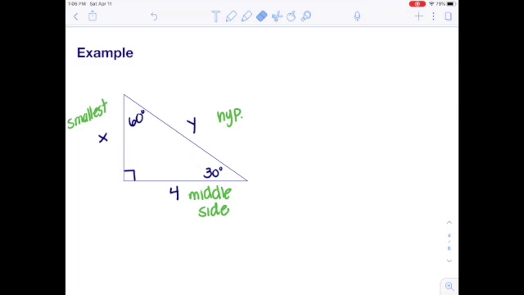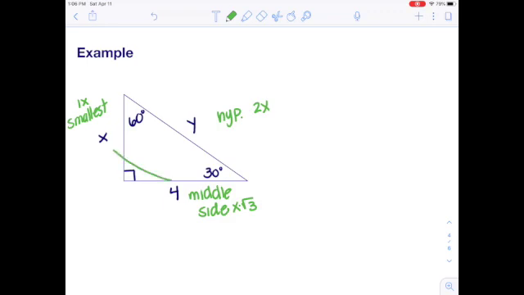So when I take a look at this problem, I want to get back to my smallest side. So to go from your middle side, I'll put the ratio. You've got 1x, you've got 2x, and you've got square root of 3 times x. So right now we're given 4 as our square root of 3x.